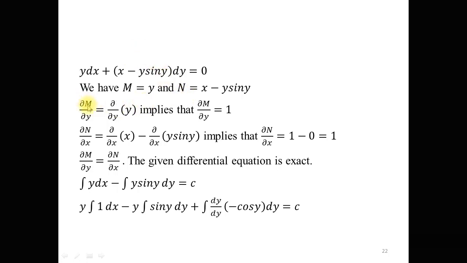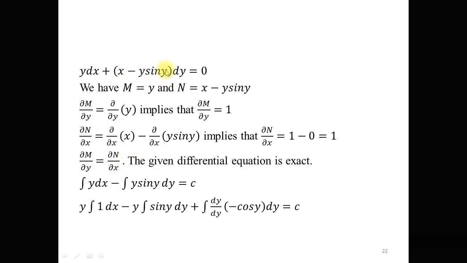Now partial m by partial y is equal to 1, and partial n by partial x: this term's derivative is 1 and this term's derivative is 0, because y sin y's derivative with respect to x is 0. So dear students, partial m by partial y is equal to partial n by partial x.